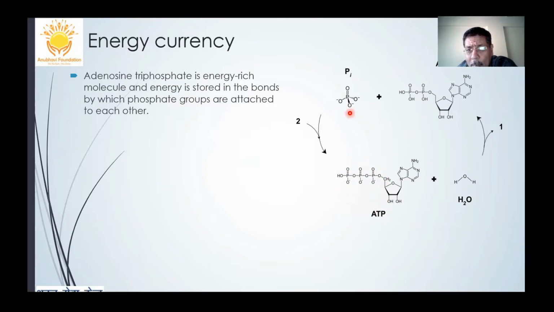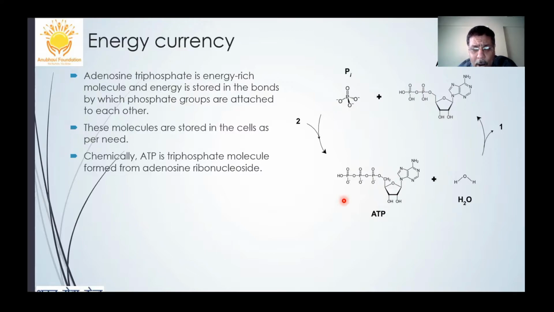Adenosine diphosphate combines with inorganic phosphate to form adenosine triphosphate, and the energy is stored in that third bond, and this energy is released for our day-to-day activities. These molecules are stored in the cells as per need, and whenever required, we can use that ATP for our day-to-day activities. This is very, very important.